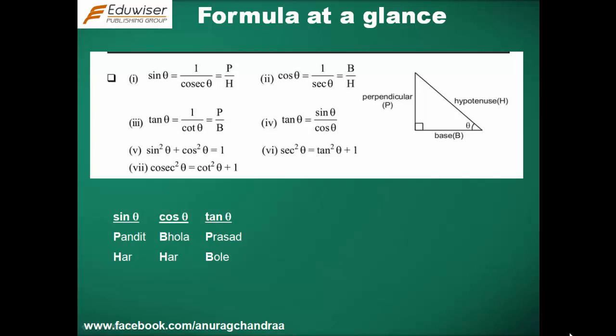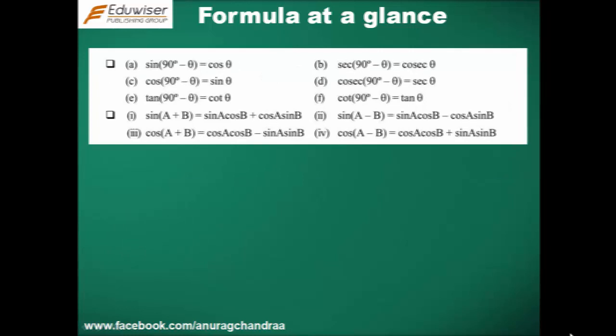Cos theta is B by H from Bhola and Har, and tan theta is Prasad and Bhole, that is P and B. So this was the easy way that I used to remember the trigonometric ratios. I still remember them by that. So you can have your own method, but this is just one of the ways to remember these values.